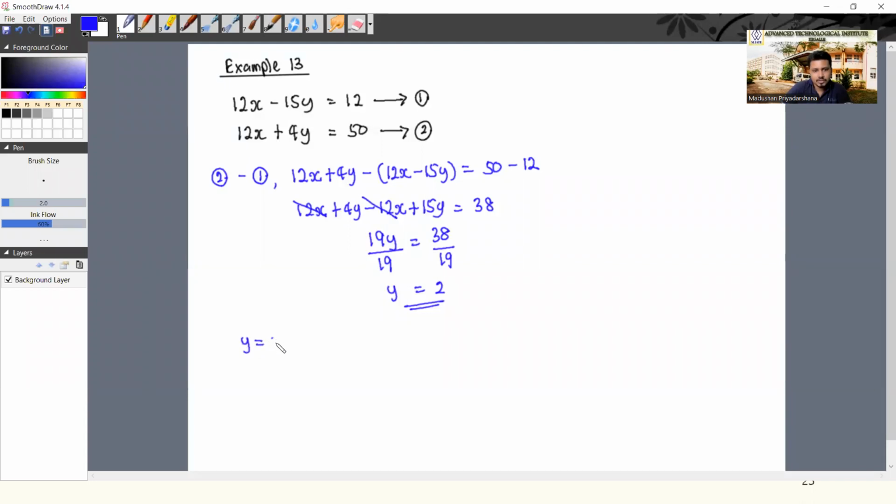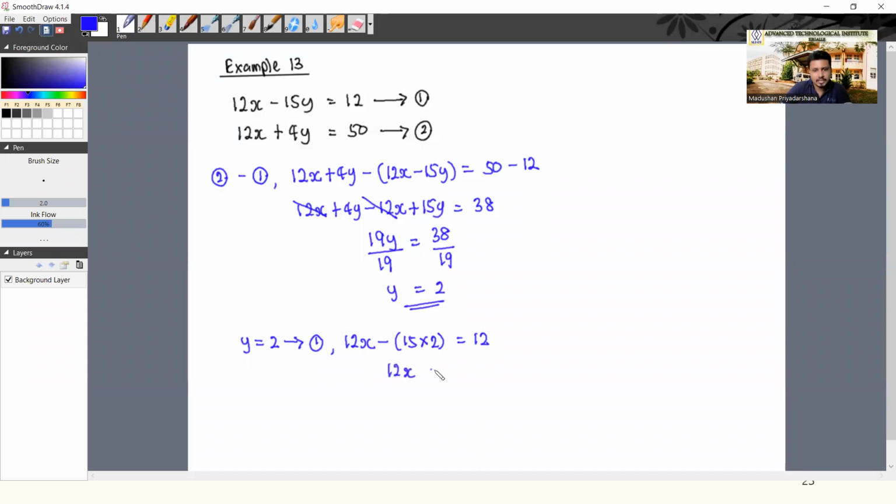Using that answer, y equals 2, we can substitute it into one of these given equations in order to find the other value. I will substitute it into the first equation, or else you can substitute it into the second equation, no issue. See here, 12x minus 15y, the value of y is 2, equals 12. So 15 into 2 is 30. Take minus 30 to the other side.